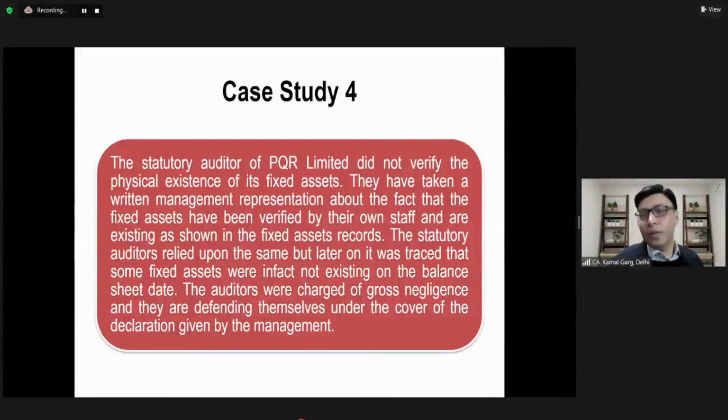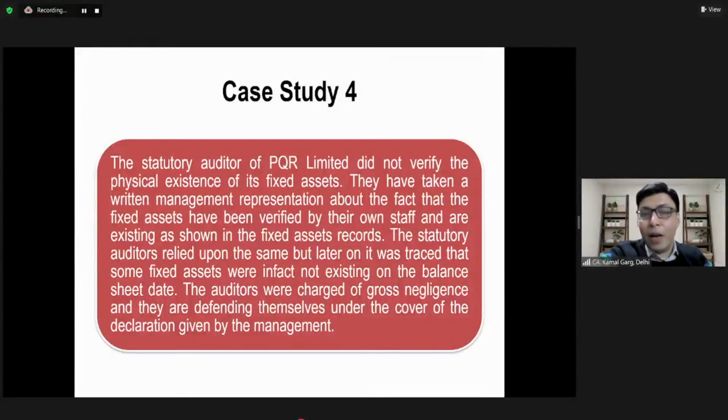Answer is no. This working paper is deficient in nature because it is not documenting what procedures, listen to my words, what procedures the auditors applied to verify whether whatever representation management has given you is true, fair, correct, or incorrect.